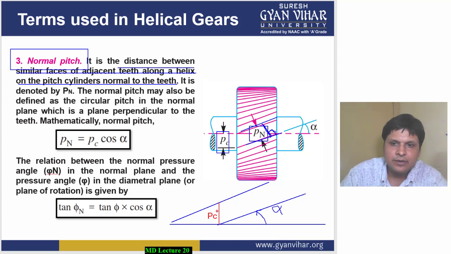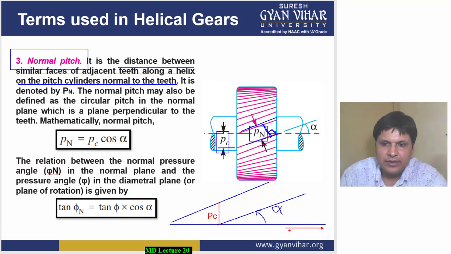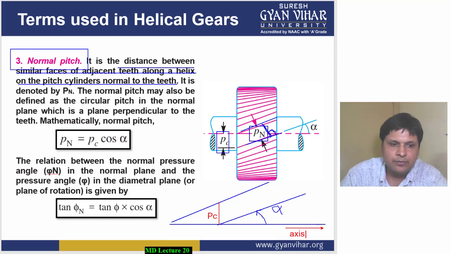Because it is along the axis, the distance is your Pc. And along the direction perpendicular to the teeth, this value is your Pn.